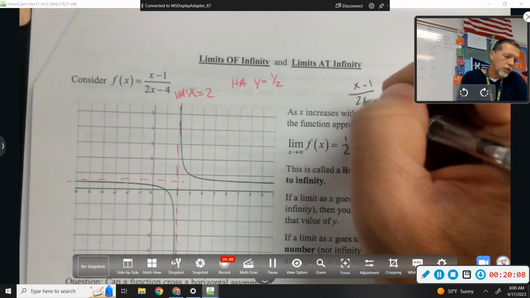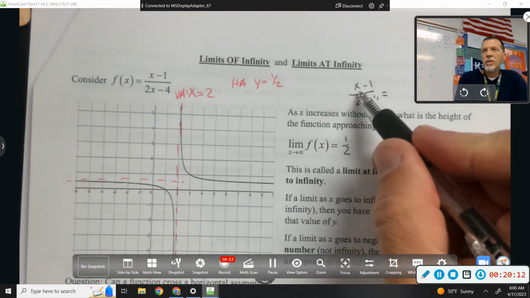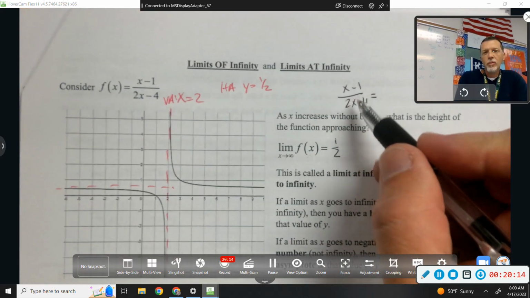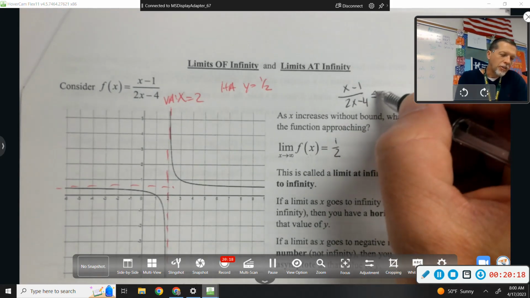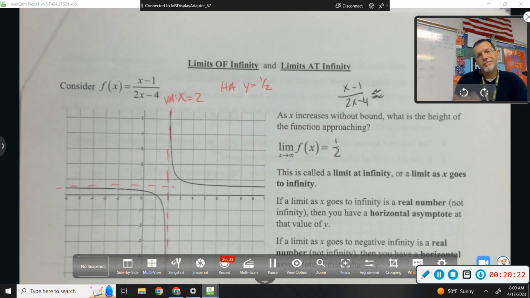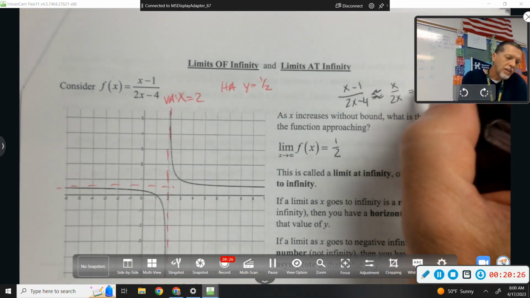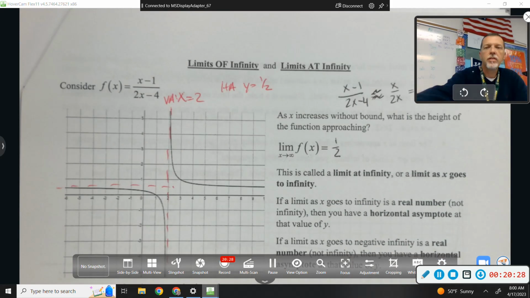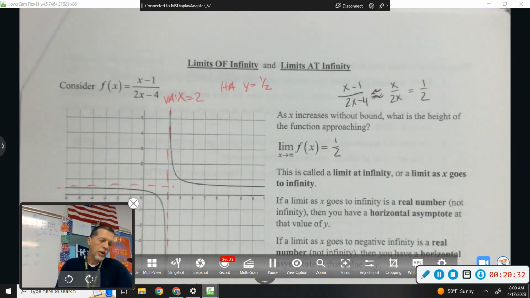This is still sort of graphically, but we'll get there. If x is a million or 100 gazillion, then the 1 and the 4 don't matter so much, right? Like if you got a million minus 1, then minus 1 is meh. So that sort of equals x over 2x, which equals 1/2. So that's sort of the more mathy way to get there rather than just looking at the picture.